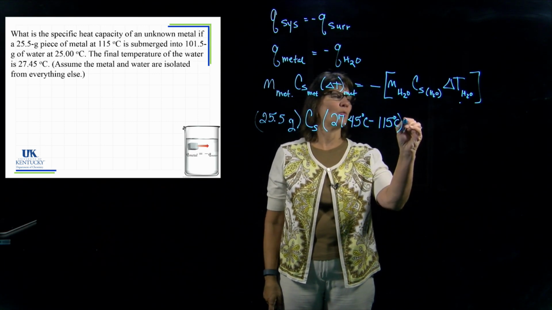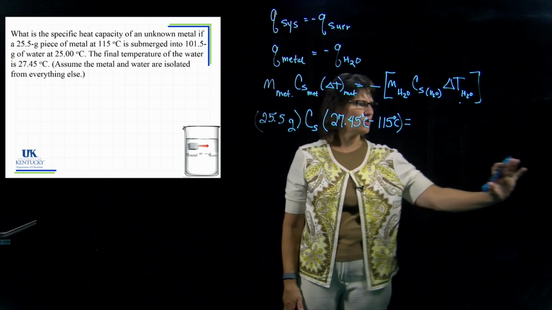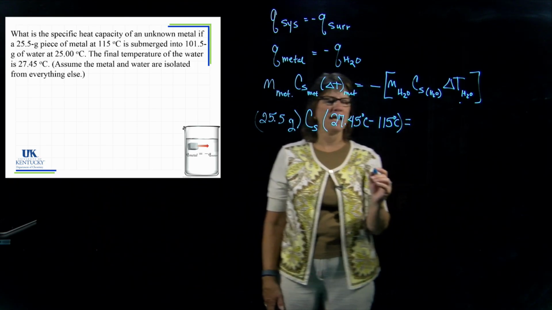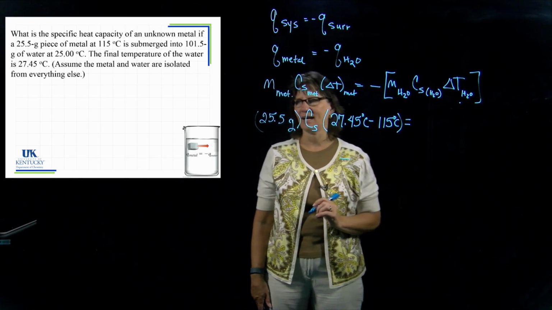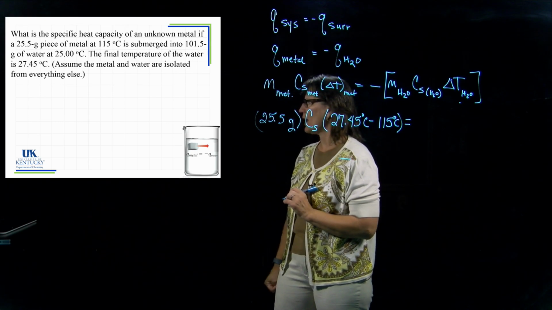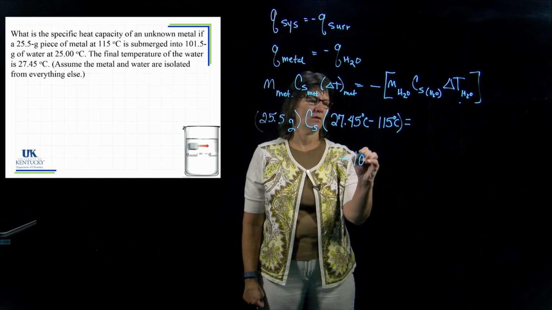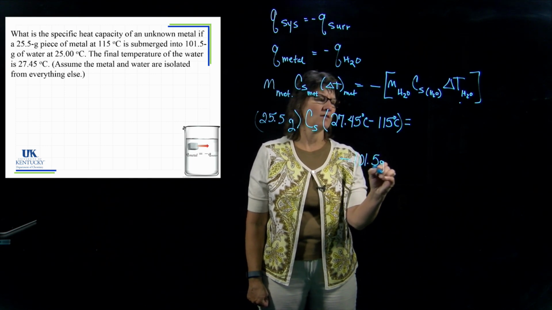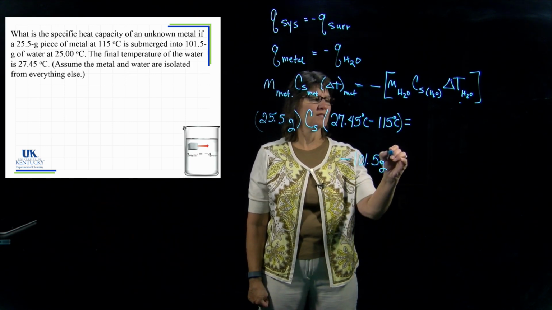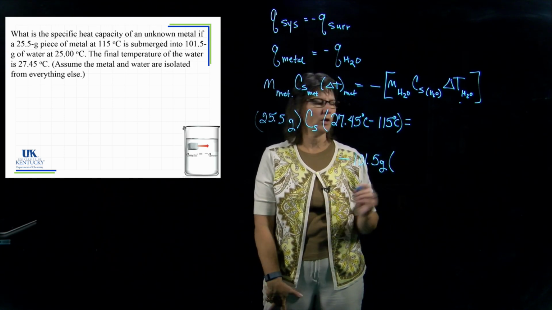Now let's consider the right-hand side of this equation. I'm going to move it down to make sure that I have plenty of room, but the right-hand side, I don't lose that minus sign. Okay, so there it is. The water. How much water do I have? I have 101.5 grams. All right, so that's the mass of the water. The specific heat capacity of the water, well, I'd have to go to the tables and look that one up.